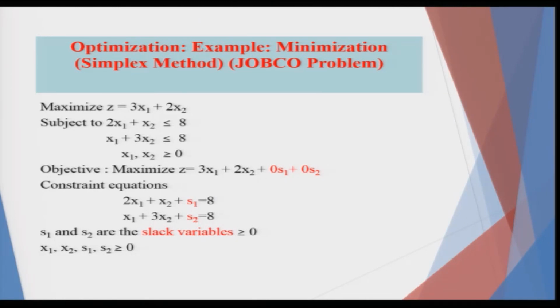Now, look, M is 2, there are two equations, N is 4 now, so the X matrix has 4 elements. The first element is x1, the second is x2, the third is S1, the fourth is S2. If I put x1 and x2 as 0, S1 and S2 would be the corresponding values which you will obtain.